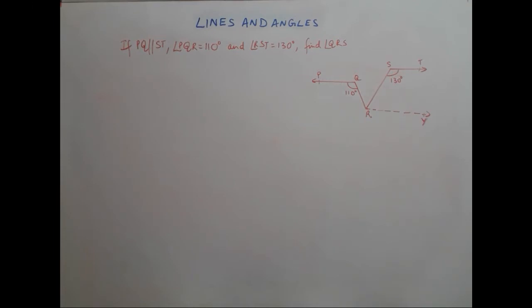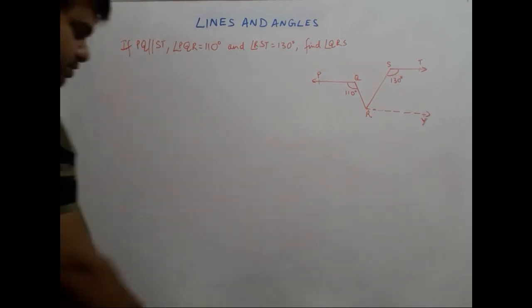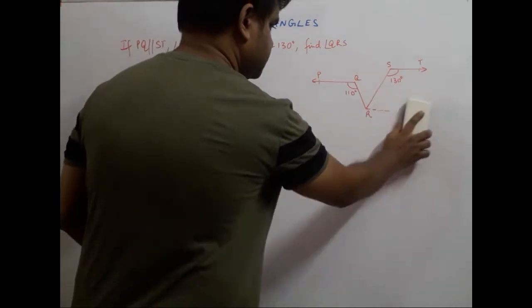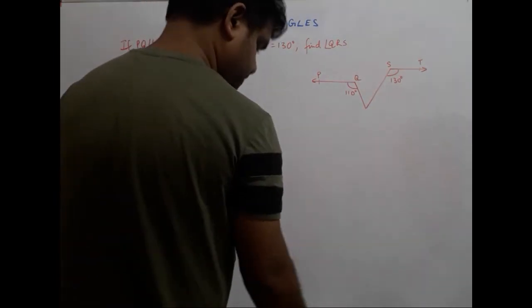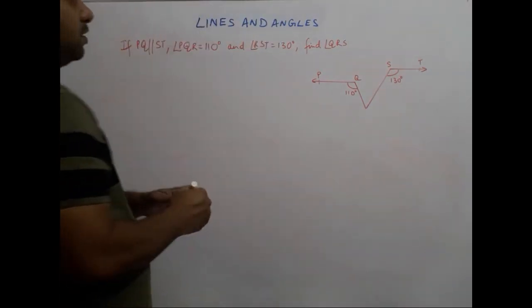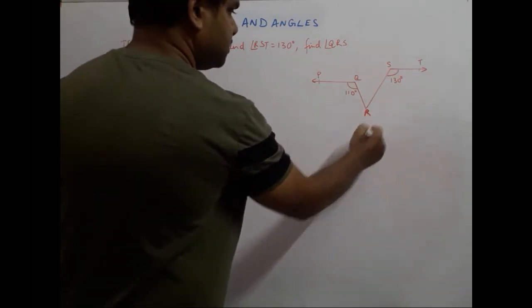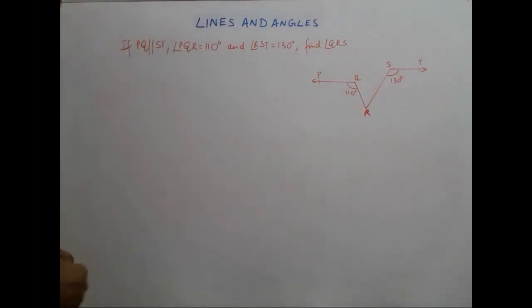Now if you have a look at this diagram, there is RY which has been constructed by me in dotted line, which means that it is not actually there in that particular diagram. So actually the diagram should be something like this, because in the question there is no mention at all about another parallel line.